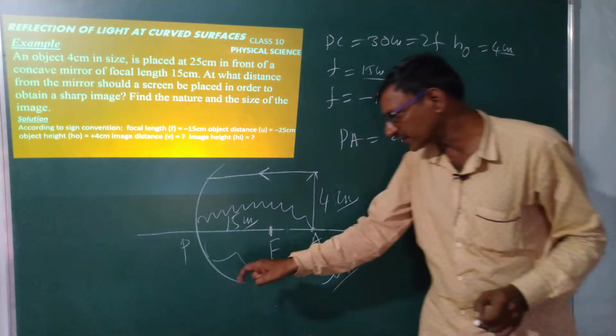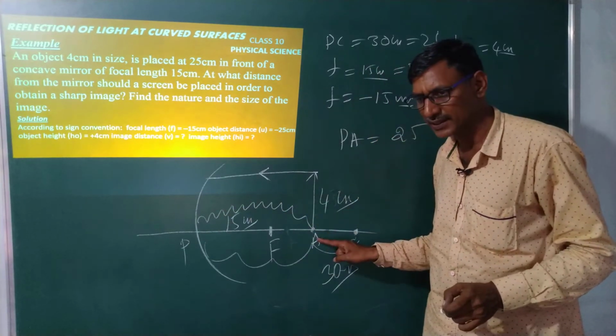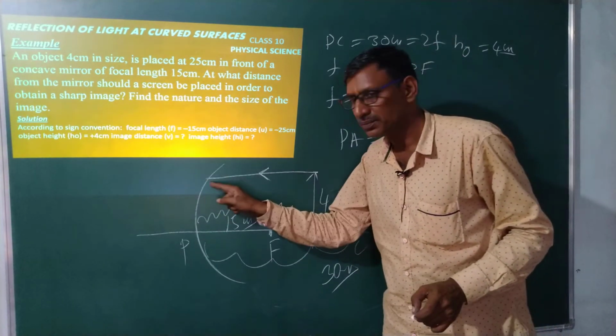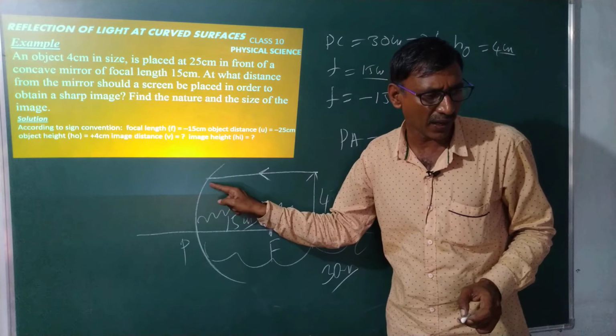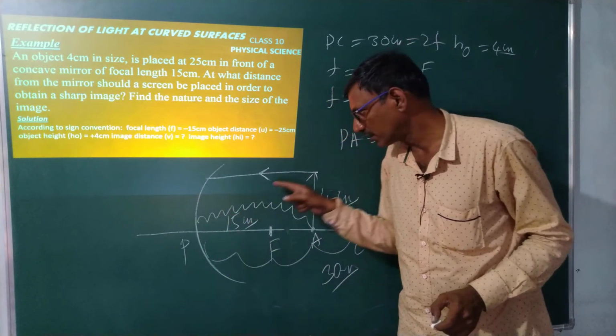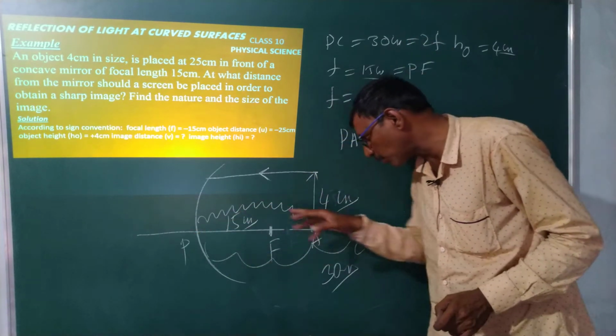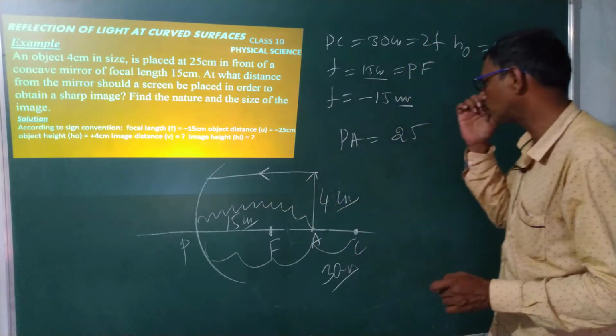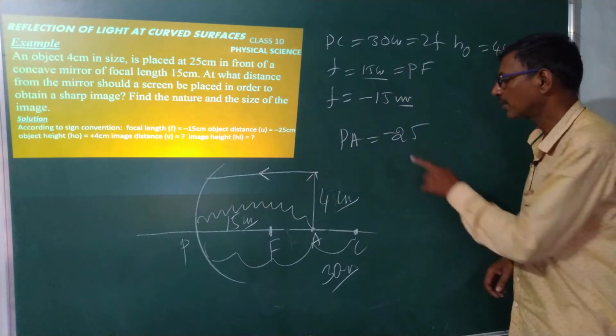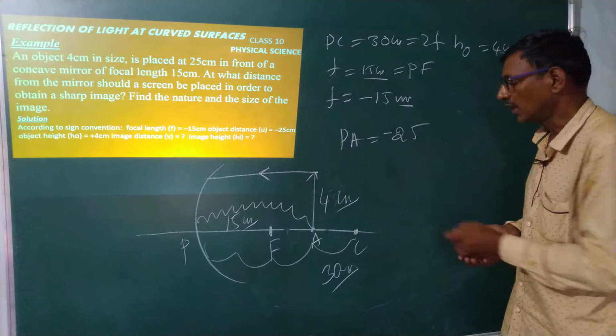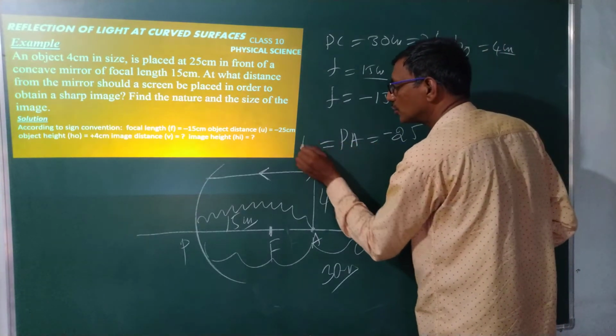It is also measured from the pole to the object. My direction of the light ray is in this direction, so we are measuring opposite to the incident ray. It is to be taken negative by sign conventions. Here we call this U.